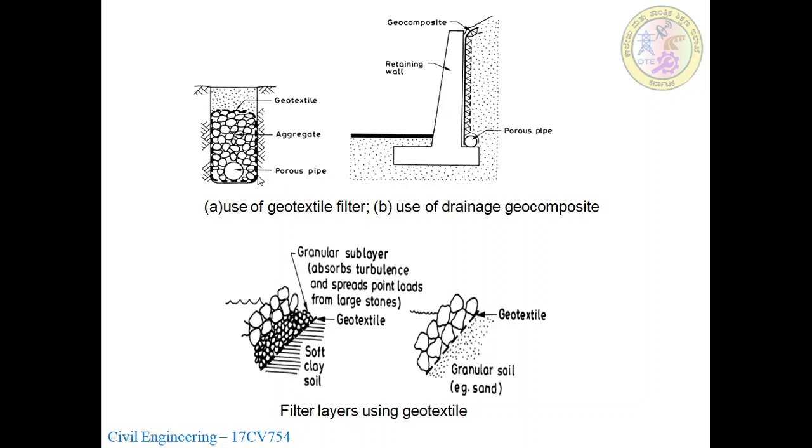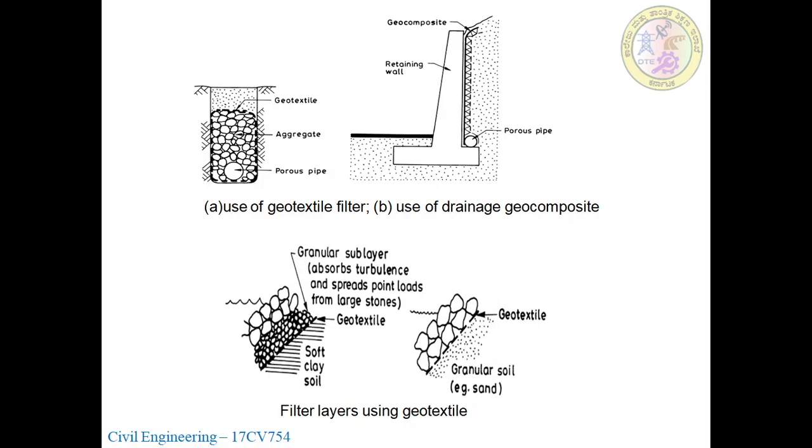So using the geotextile filter and drainage geocomposites. Sometimes it will be made up of geocomposites, geomembrane, and this is the retaining wall where we have to provide a drainage system, and this dark black line is a geocomposite or geotextile.